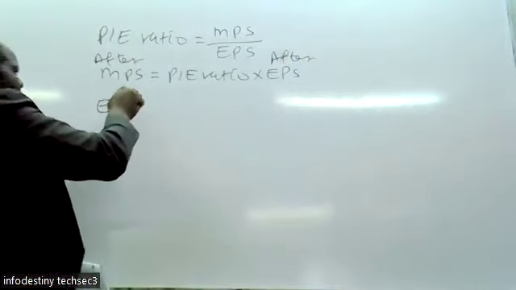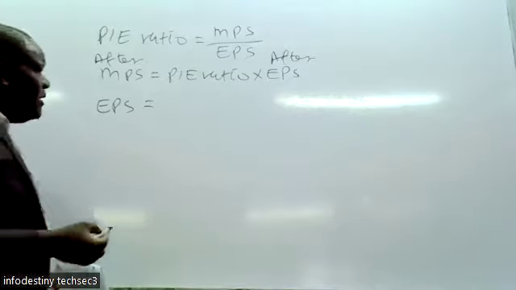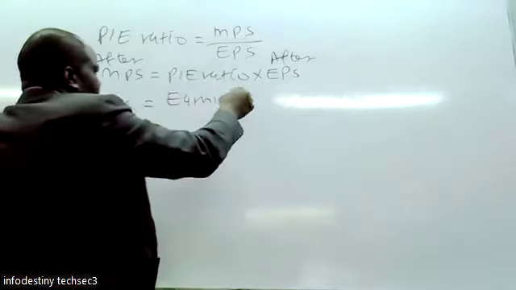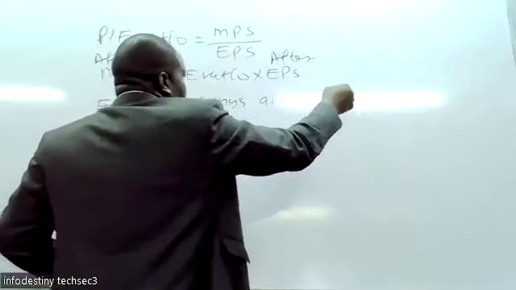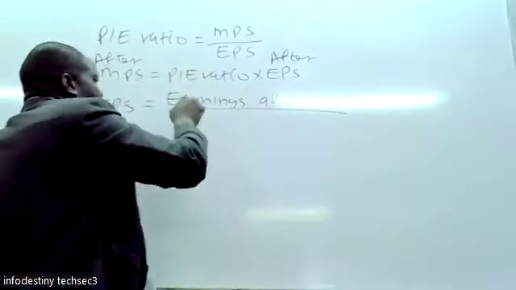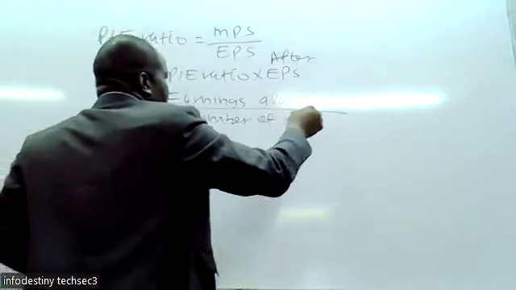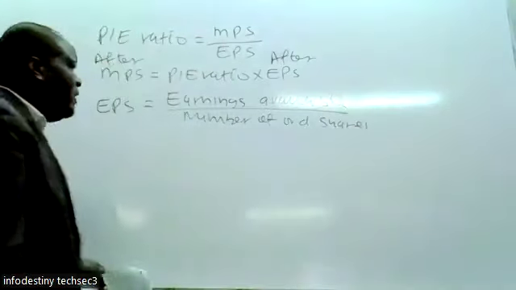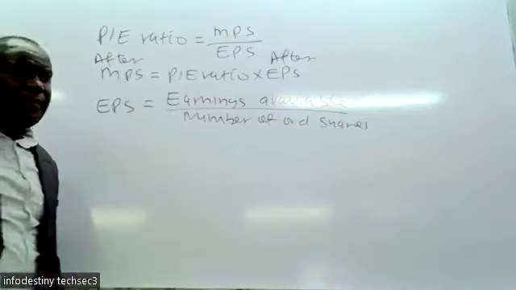Earning per share is given by earnings available divided by the number of the ordinary shares.